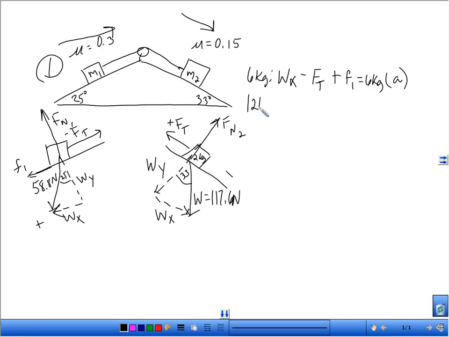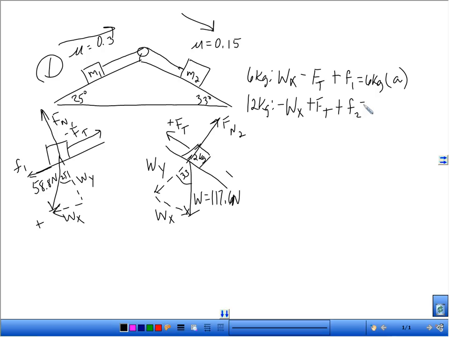For the 12 kilogram, I have Wx, and Wx is going to be negative because of how I set up my positive and negative signs. I have tension pulling up the ramp, so that's positive, and if the object slides down, then friction is up the ramp, so that will also be positive.